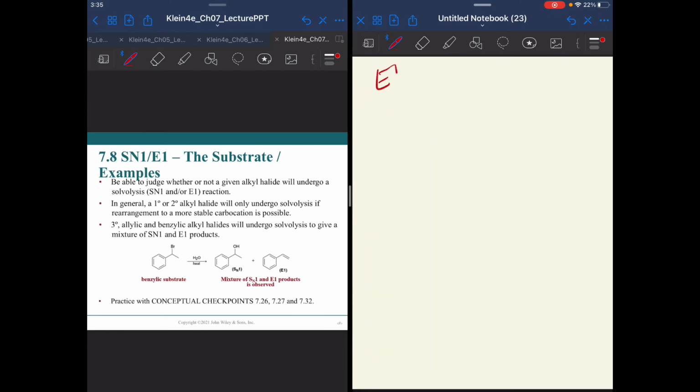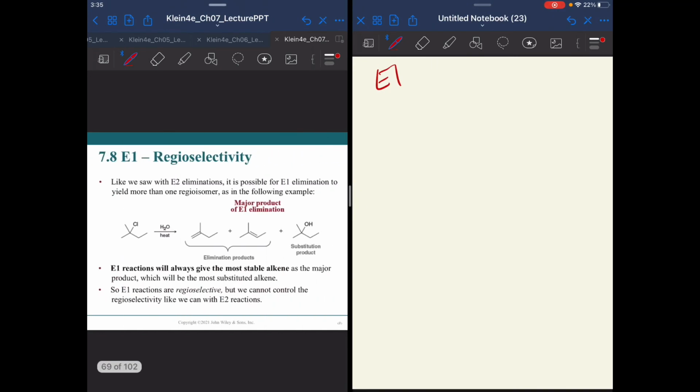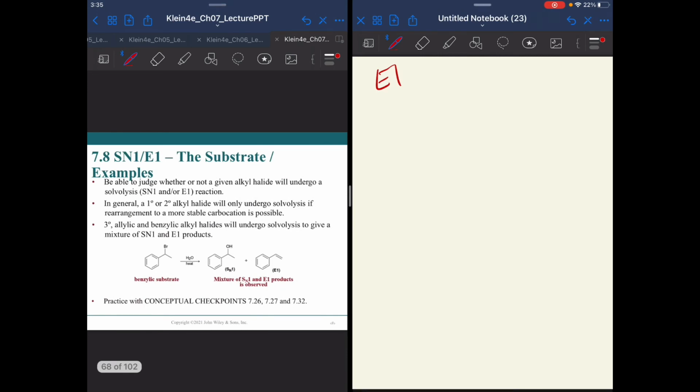Now, when it comes to E1, and we're going to talk about elimination products here, E1 does favor Zaitsev. We aren't going to see anything that favors Hoffman except that bulky base in the E2 reaction. It favors Zaitsev. Now, in this example, there is no Zaitsev versus Hoffman.